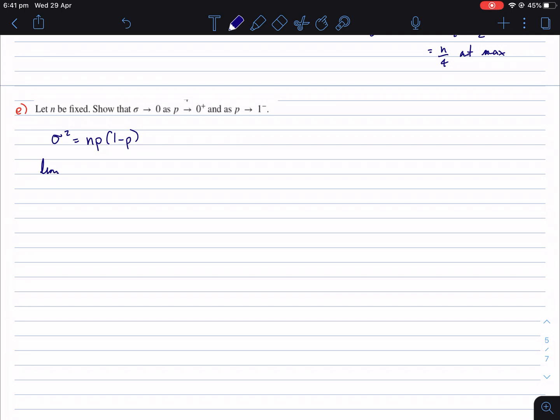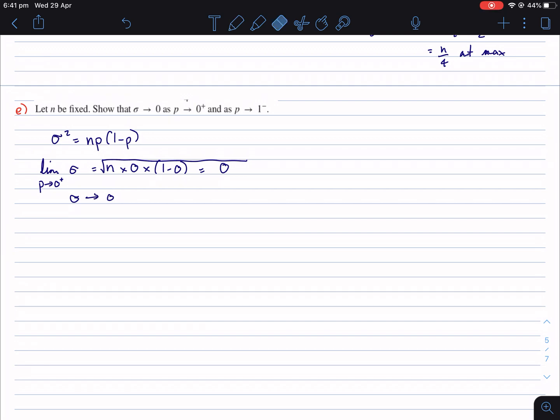And the limit of sigma squared as P tends to 0 from above is N times 0 times 1 minus 0. So the limit as it comes down from above is 0. And then sigma would be the square root of 0. So sigma tends to 0.